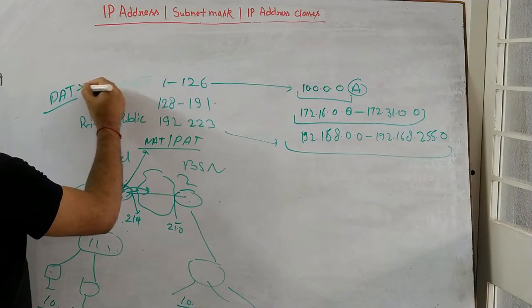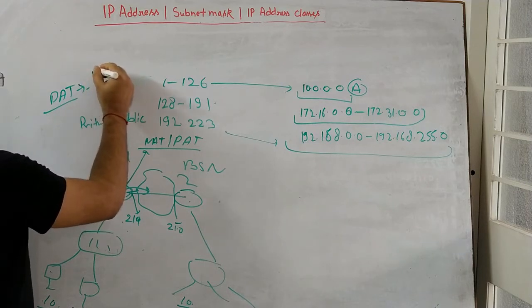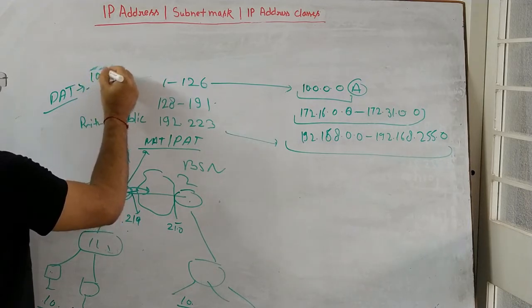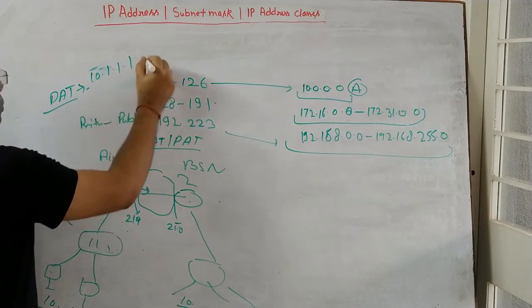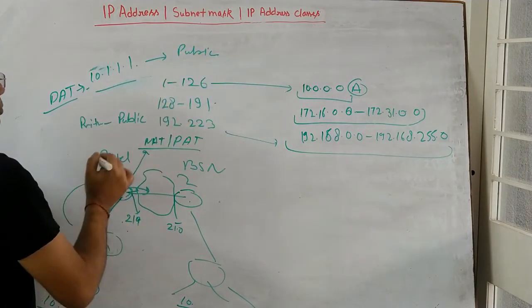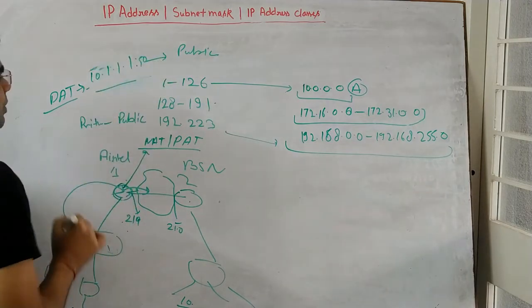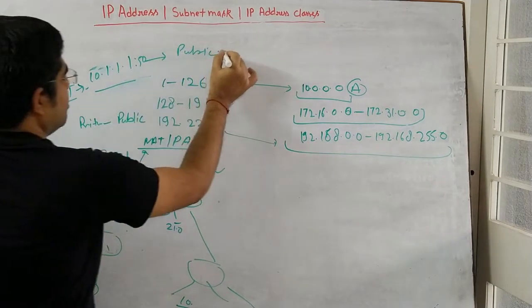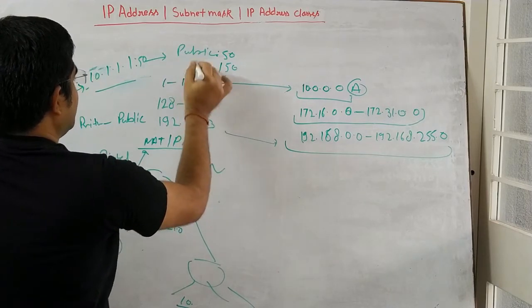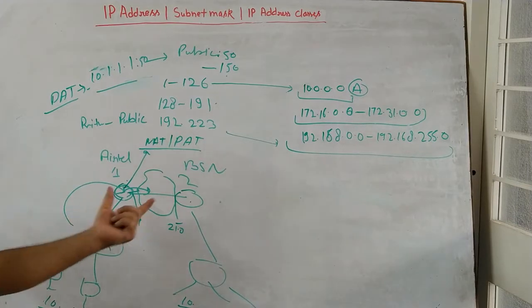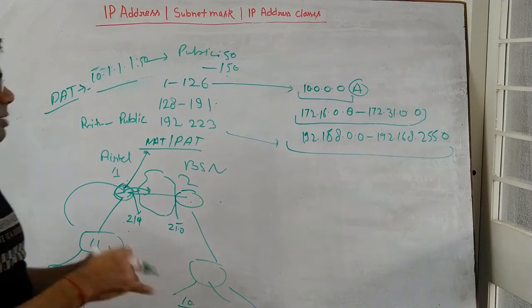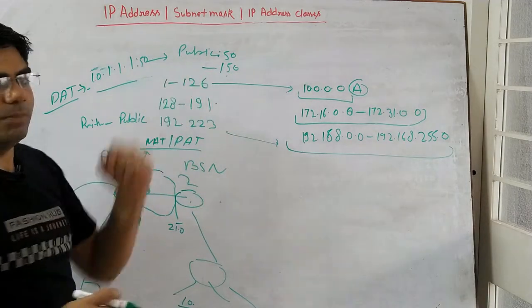In port address translation, when converting a private IP address to a public IP address, it also uses a port number, for example port 50. With a single public IP address, you can have multiple port numbers to segregate the connections, so you purchase a single IP address and convert into multiple using port numbers.